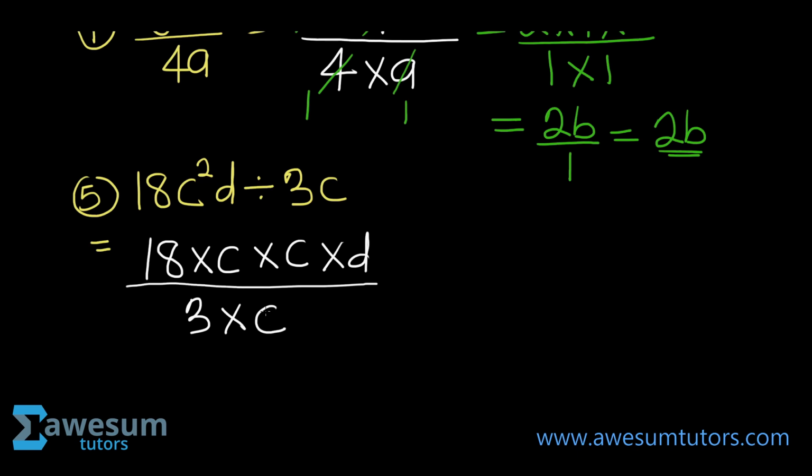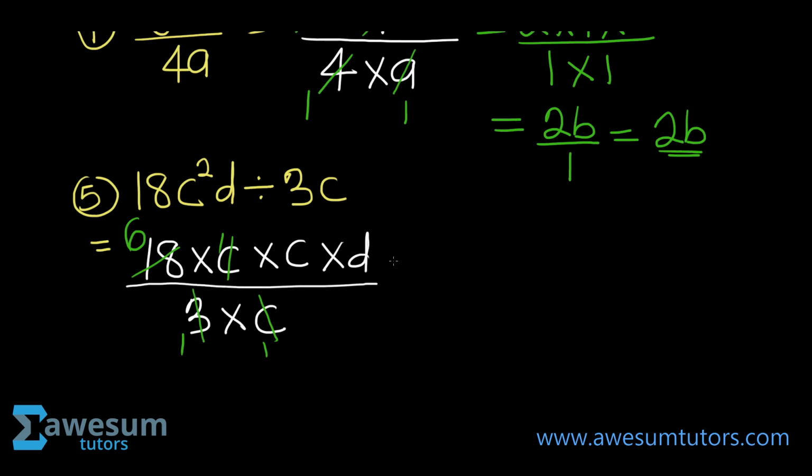Now let us divide. This c can cancel out this c. So I will say c here 1, c here 1. 3 can divide 3 and 18. 3 in 3 is 1, 3 in 18 is 6. Very good, guys.